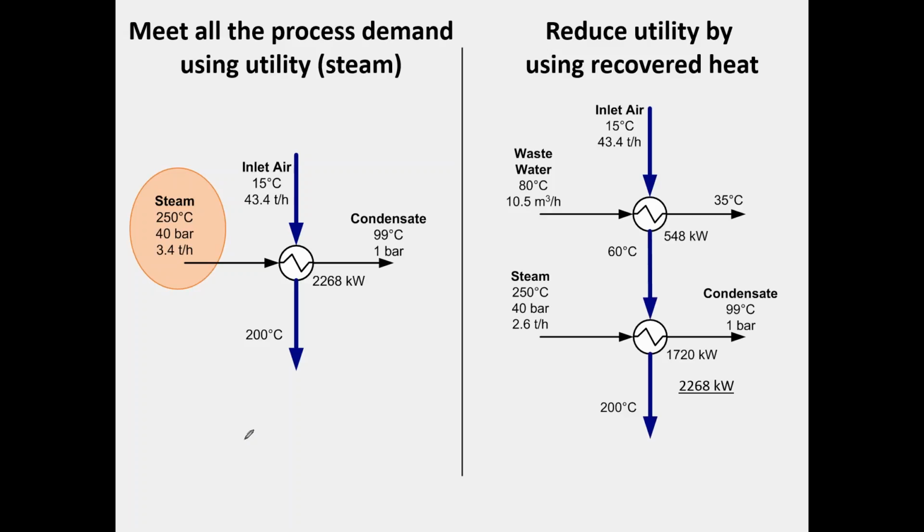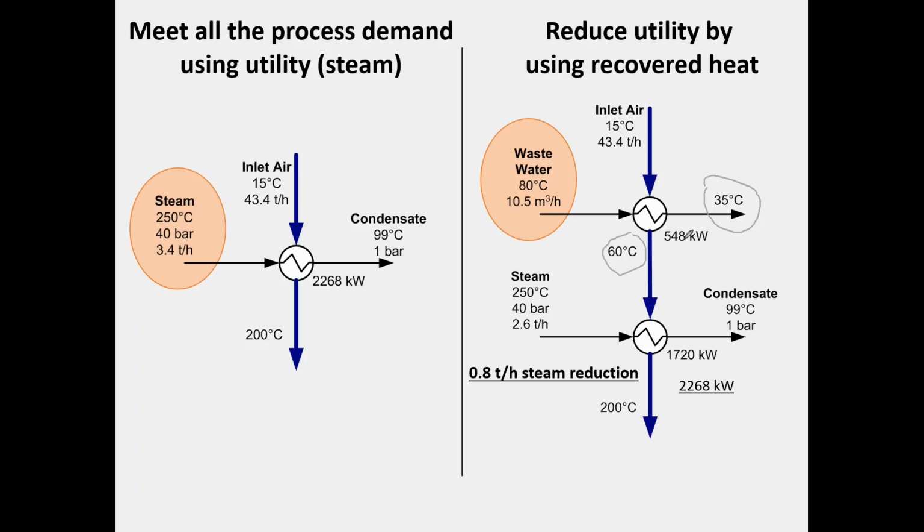So here on the right we have some wastewater at 80 degrees and we have a certain volume of that, 10.5 cubic meters per hour, and let's say we reduced that temperature to 35 degrees, then we would be able to recover 548 kilowatts from that wastewater, and that would heat the air from 15 degrees up to 60 degrees.